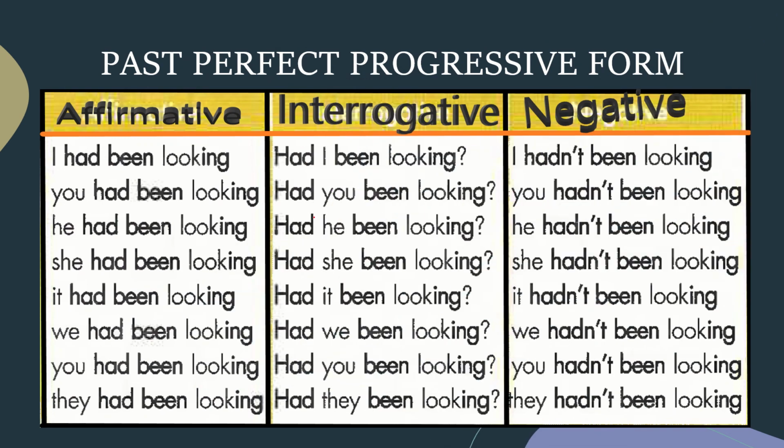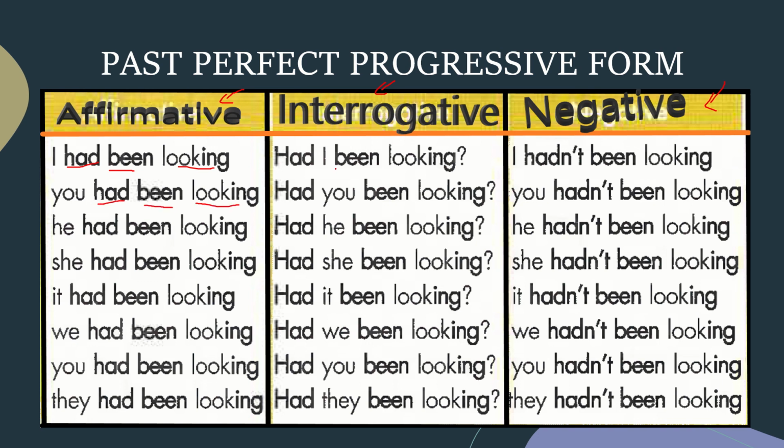All right, so let's see the form of the past perfect progressive. Here we have the affirmative, the interrogative form, and the negative form. I'm not going to read everything. I'm just going to read 2 items from each form, and then you can study it further at home. Here we have, I had been looking, you had been looking.